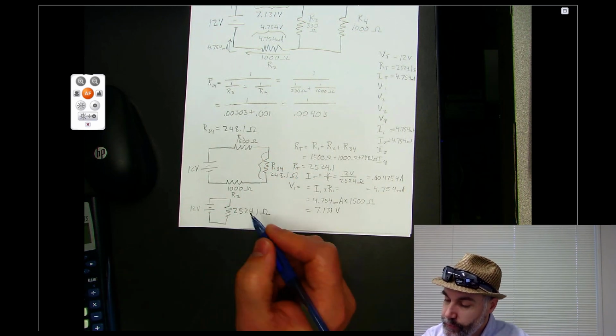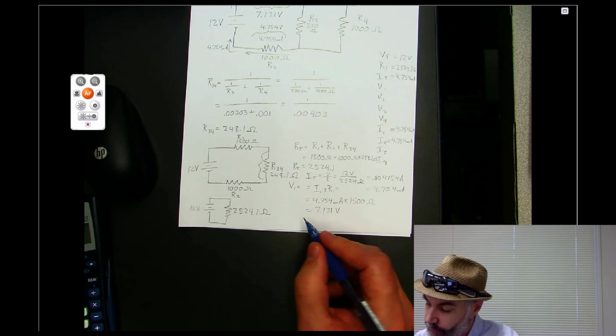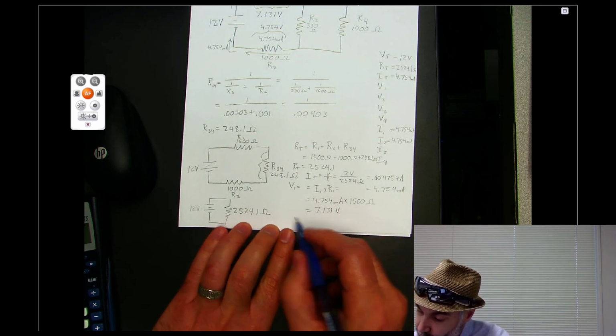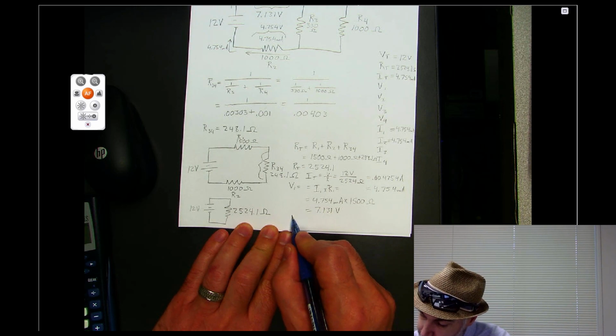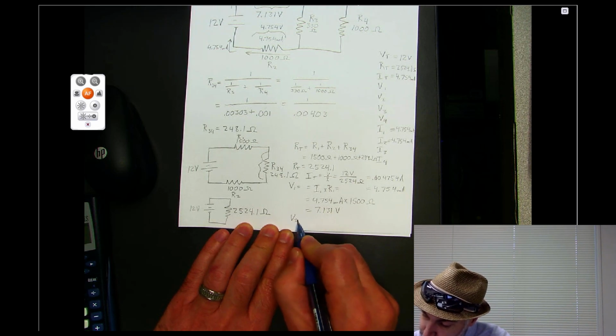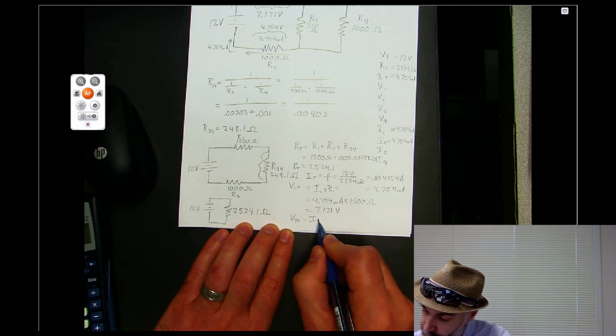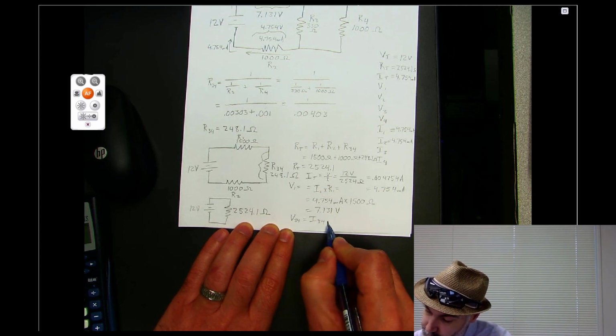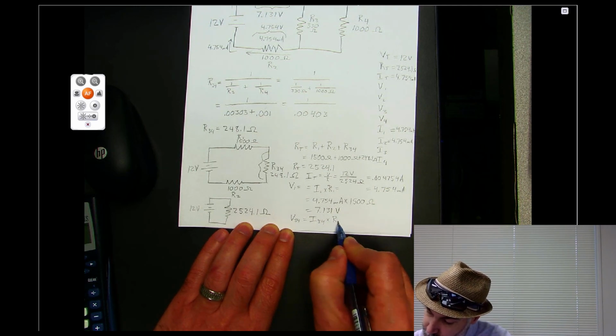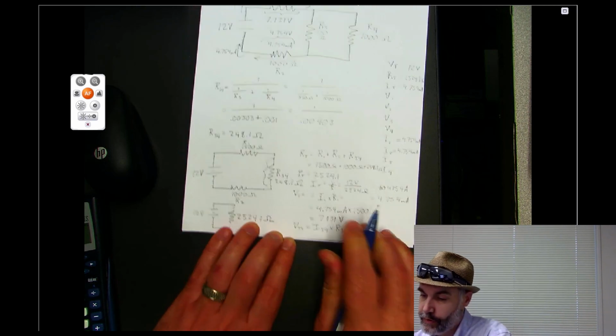So here we could say V34 equals I34 times R34. That's just using Ohm's law.